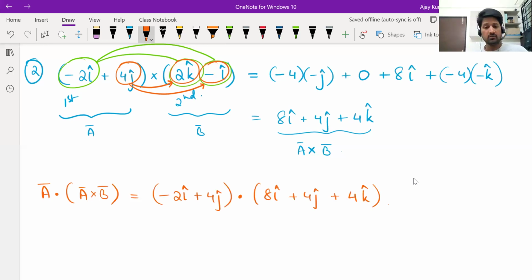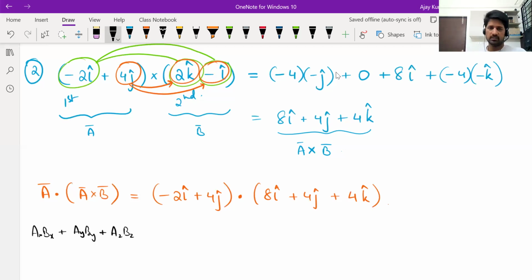Rishi, tell me, how do you take dot product when vectors are given in component form? Anyone? You just write AX BX plus AY BY plus AZ BZ.